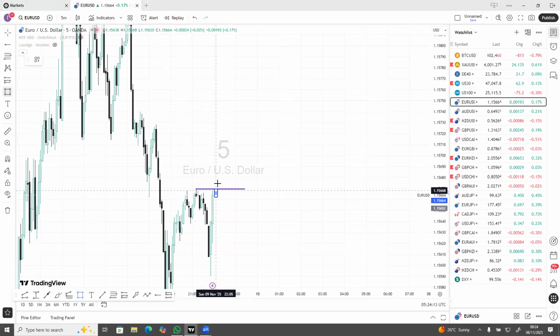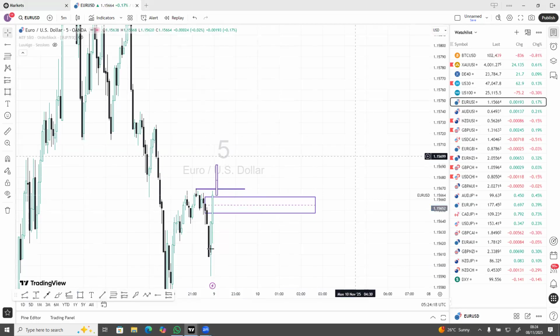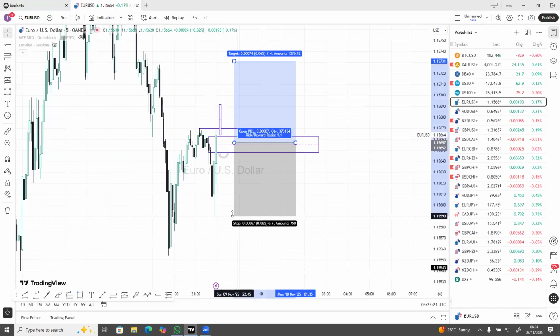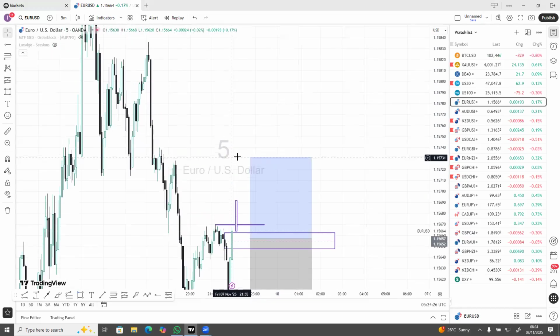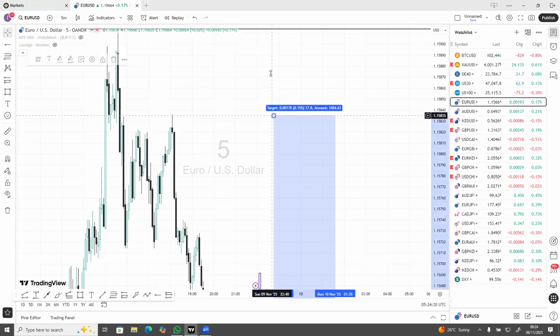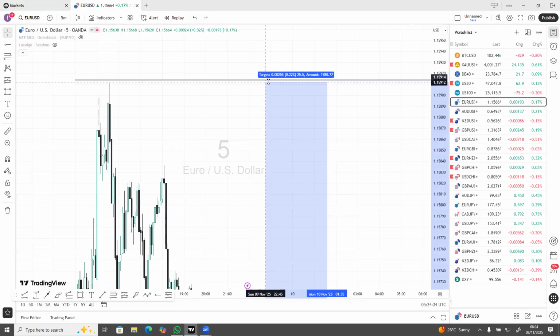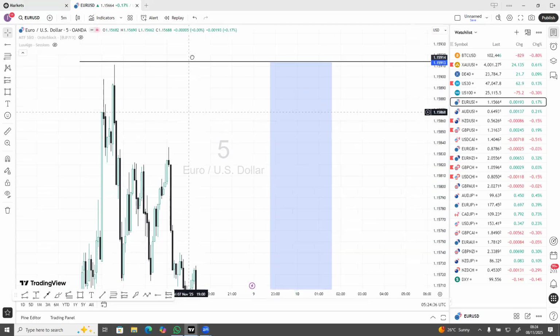You can trade a breakout, or you can wait for the test of the fair value gap, and then execute a buy, with your stop loss on that previous low, and the target on that particular swing high.